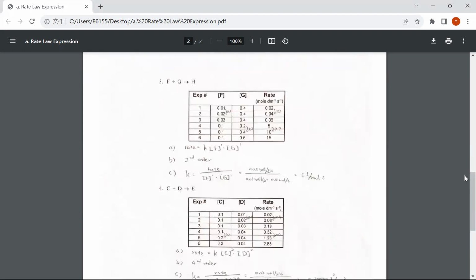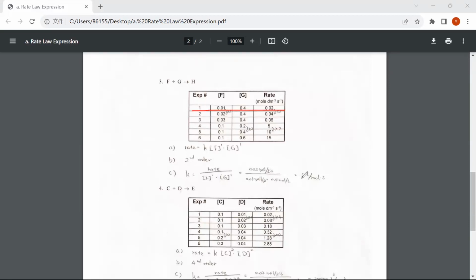And for the third, it's asked to find the k value. So follow a similar process. We take the rate divided by the concentration of F with exponent 1, and the concentration of G also with exponent 1. And we plug the values of the first experiment in here.